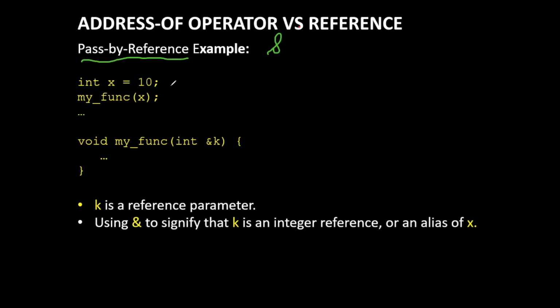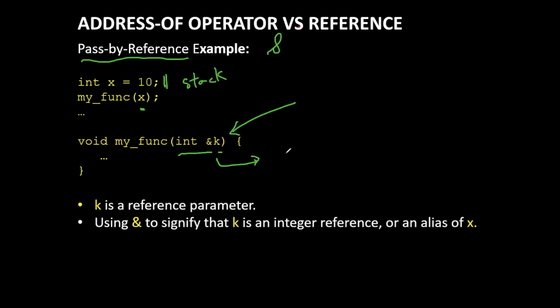Take, for example, the declaration of this X variable on the stack. Now, if we're to pass this variable into a function as is, you may be thinking that this X is being passed by value. However, when you look at the function declaration, you can see that we have integer ampersand k.